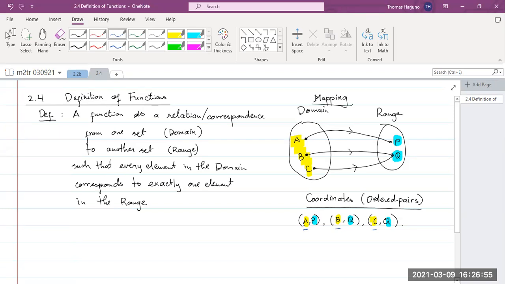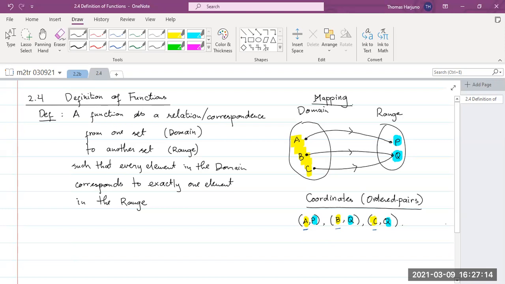Let's say, for example, I have (A, P) and then another coordinate (A, Q). Then this A is actually cheating with P and Q. That's not right. That's not a function. But without this A going to Q, this is still a function.